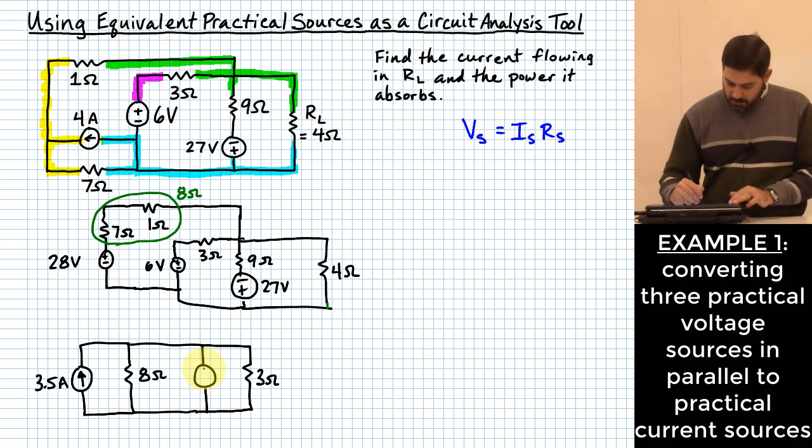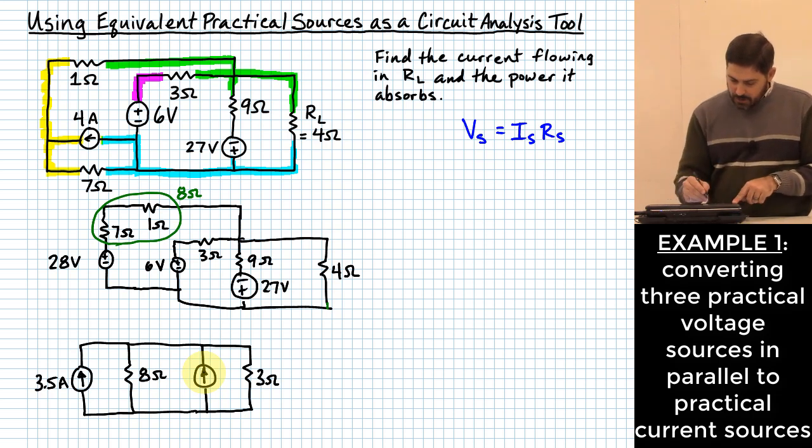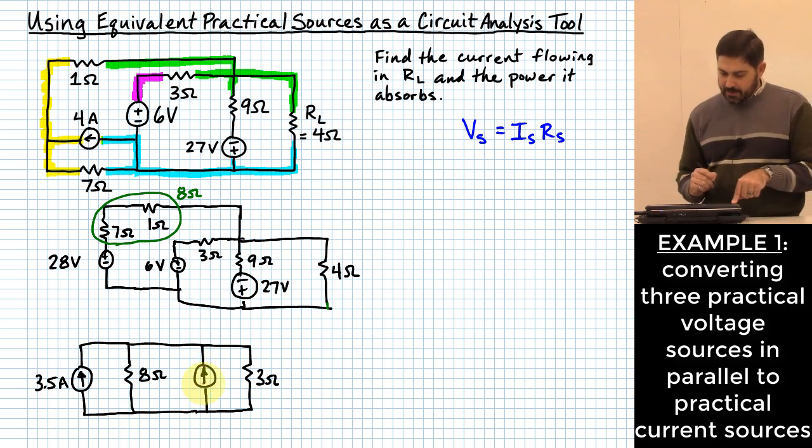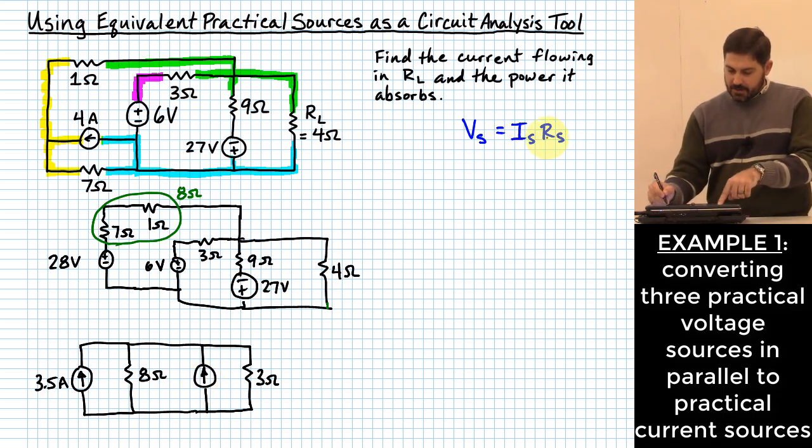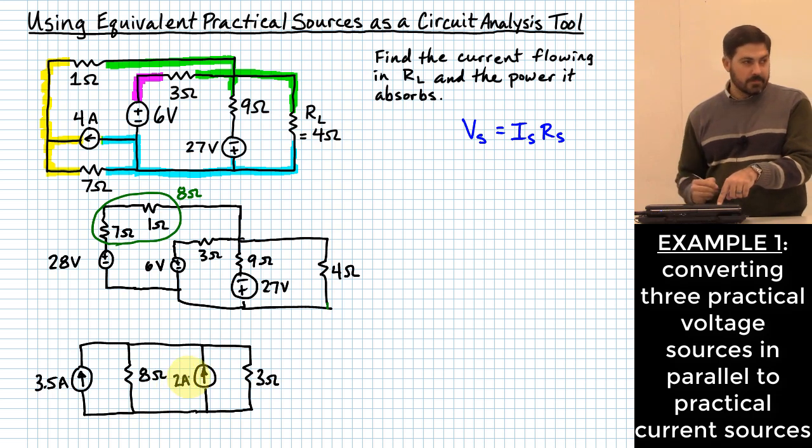So it needs to point the same direction up there. What value should I put for that current source? Vs equals Is Rs. Rs is 3 ohms, Vs is 6 volts. This would be 2 amps. Right? 6 volts over 3 ohms is 2 amps.